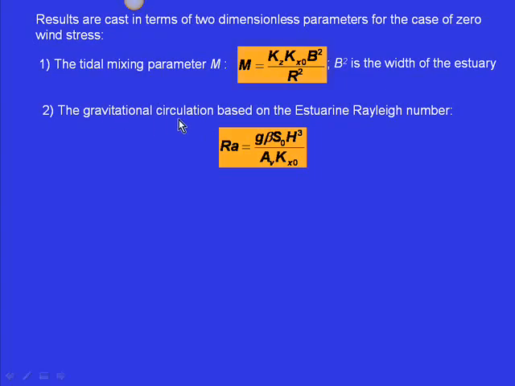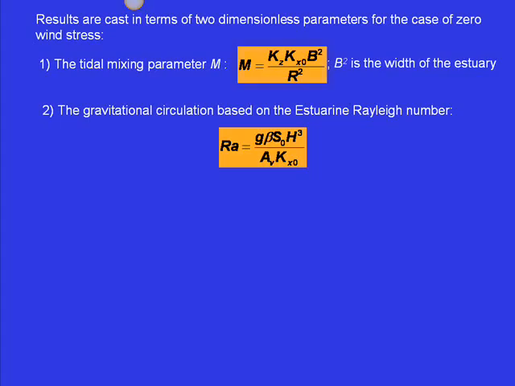And then we have the gravitational circulation. That's based on the estuary Rayleigh number, which is given by this expression. That depends on gravity, beta, the salinity, and then the depth cubed divided by the eddy viscosity and the same horizontal eddy diffusivity.